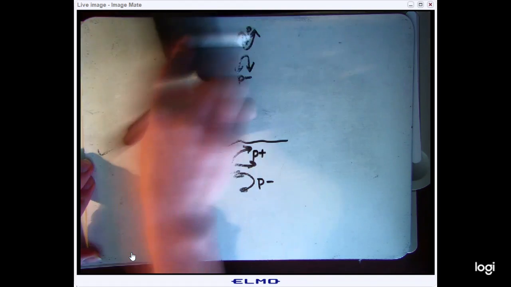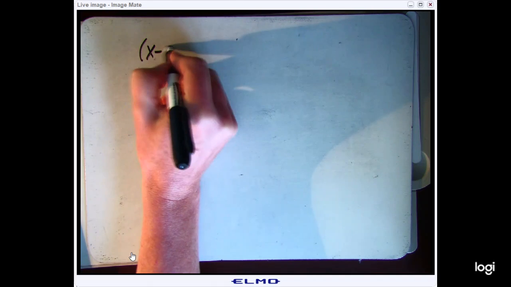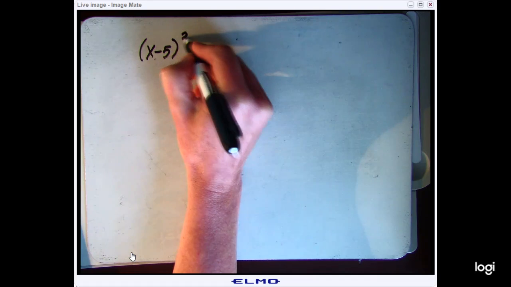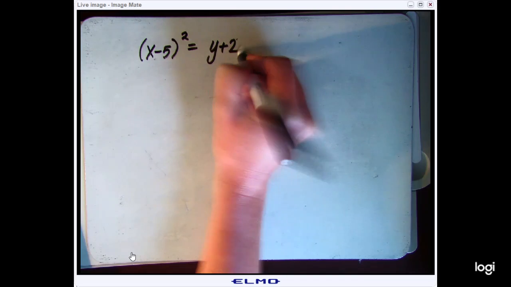Now, Alex does not ask you to graph them from this form. However, it does ask for all the pertinent information. So let's go through and figure some of this out. (x minus 5) squared equals y plus 2.